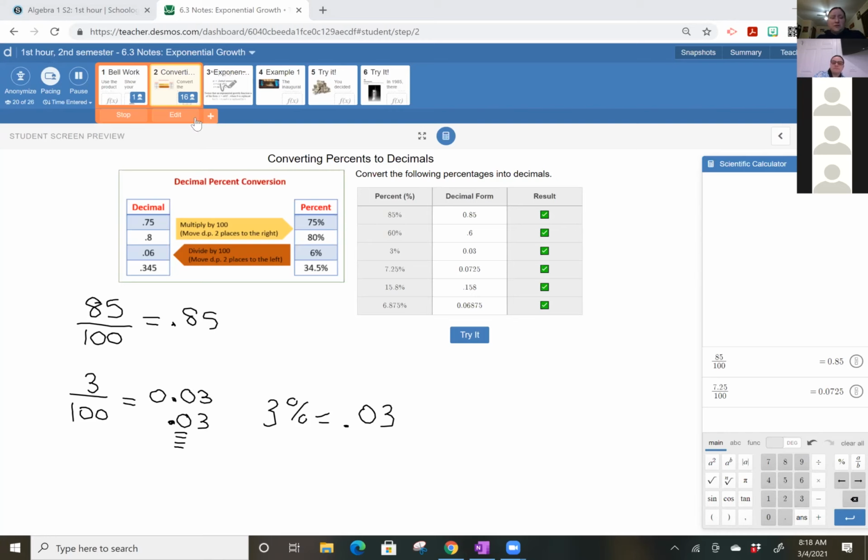Tomorrow we will do our decreasing. So move to slide number 3, please, and I want you to read slide number 3.